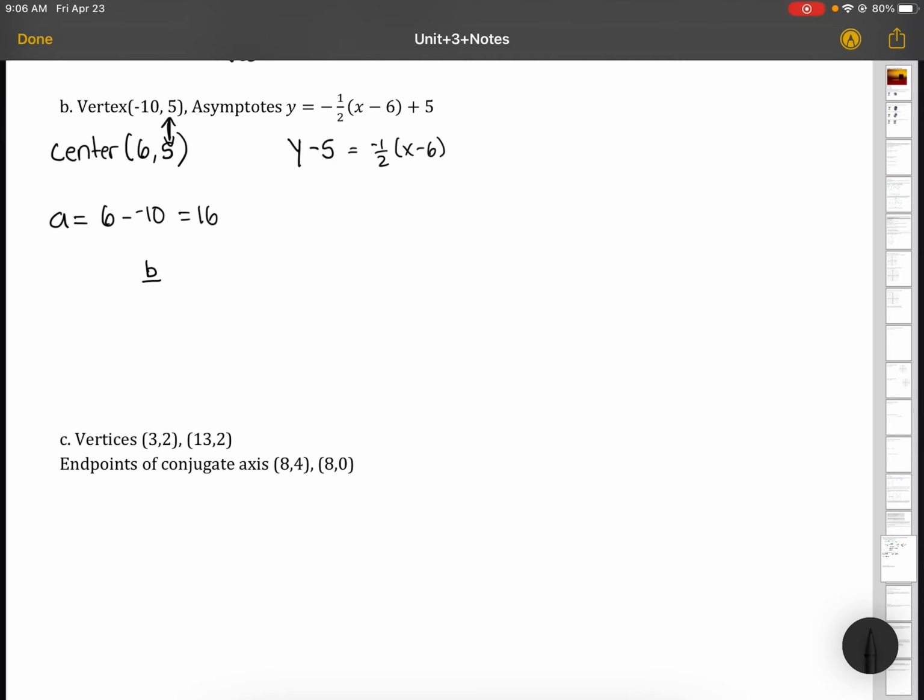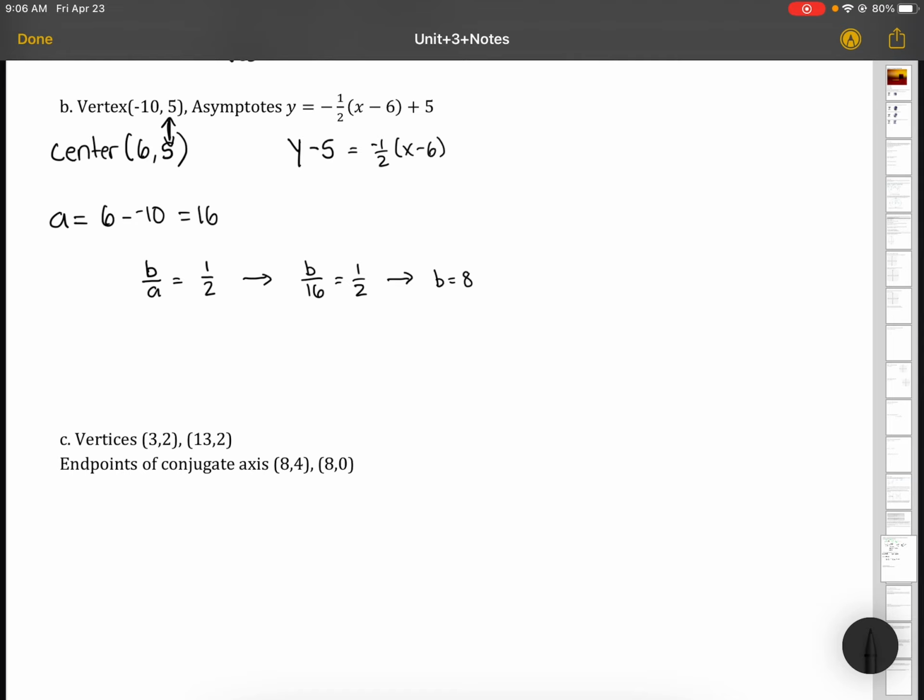So what we know is that b divided by a, without the plus and minus, is just going to be 1/2. Now we know a is 16, so that's going to imply that b divided by 16 equals 1/2. And obviously, if we multiply both sides by 16, we're going to get b equals 8.